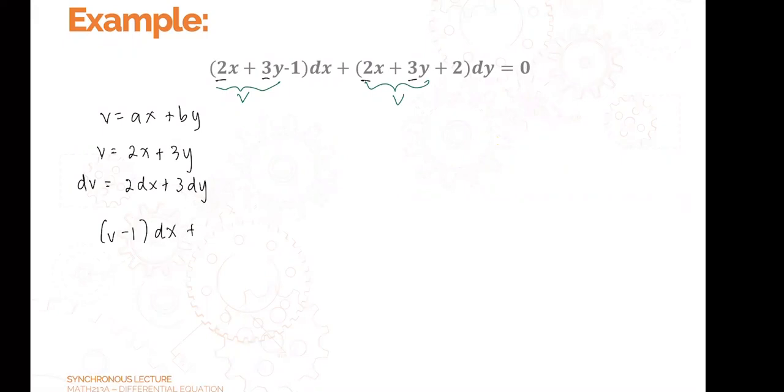dx plus V plus 2 dy. So, dy natin manggagaling dito. So, this will be dy is equals to dv over 3 minus 2 over 3 dx. Okay?